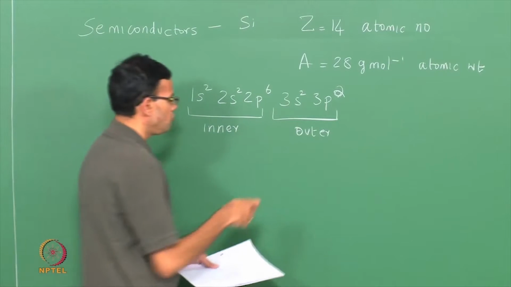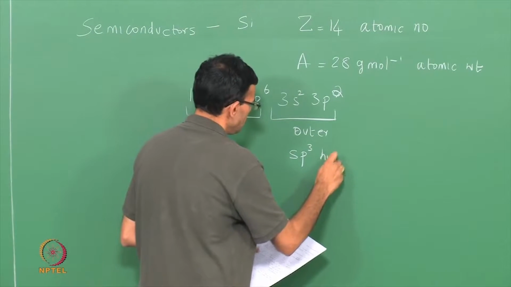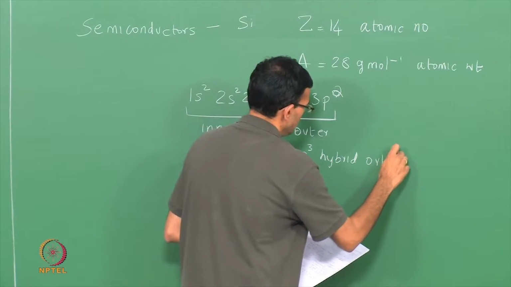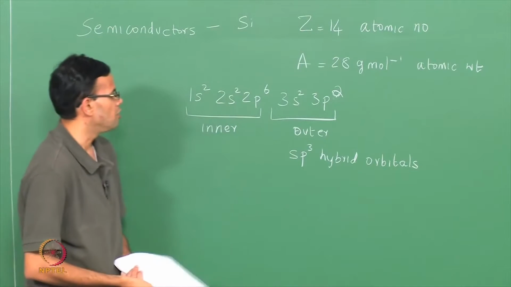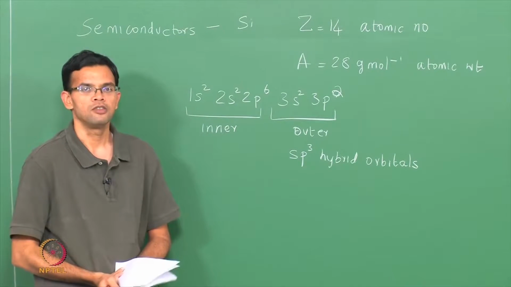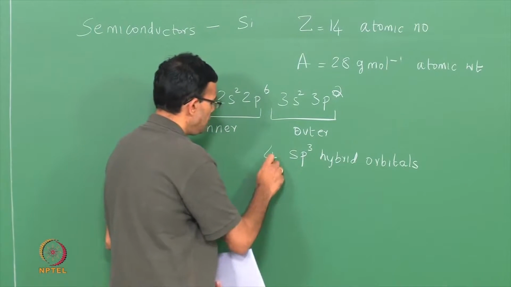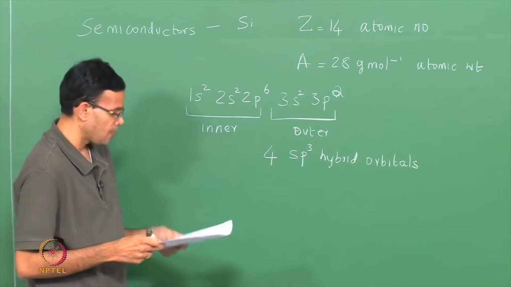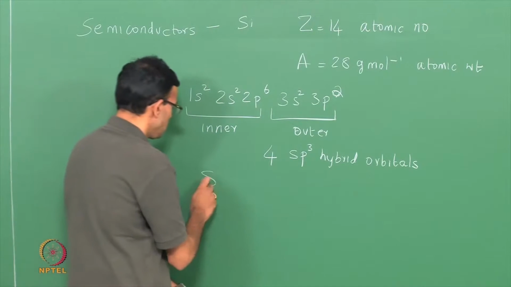The electrons rearrange in order to form sp3 hybrid orbitals. So, you have 2 electrons in the s, 2 electrons in the p, they hybridize to form 4 sp3 hybrid orbitals. Thus, each silicon atom can form 4 bonds.